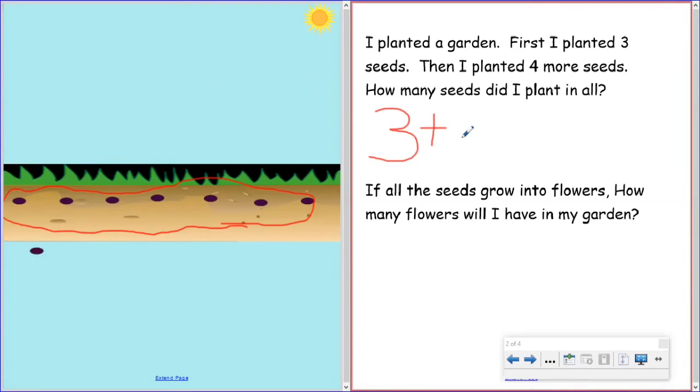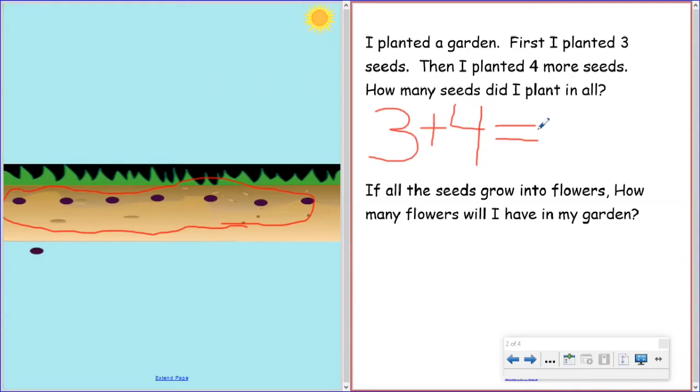So how many more did I add? Then I planted 4 more. So I added 4 more. So the next number I'm going to write is the number 4. Then I'm going to write the equal sign. That equal sign tells me that I have to figure out which number is equal to 3 plus 4.